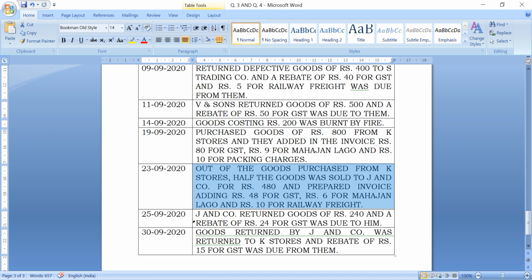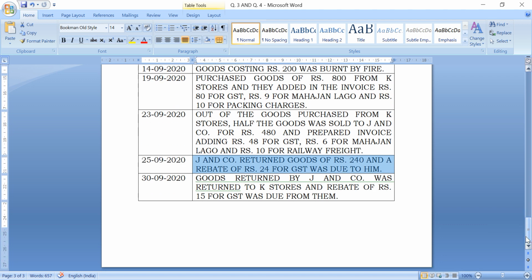Next transaction, 25th of September. ये वांचो. J and Company returned goods of 240.